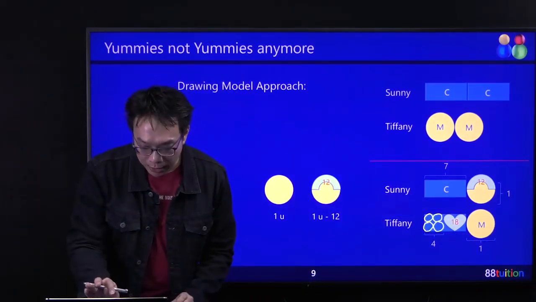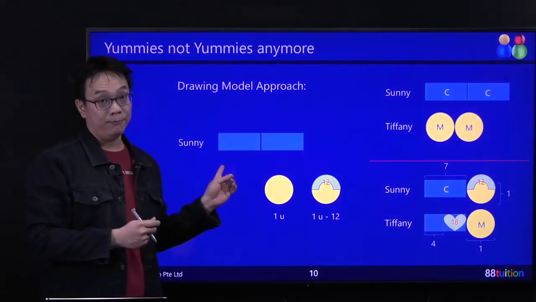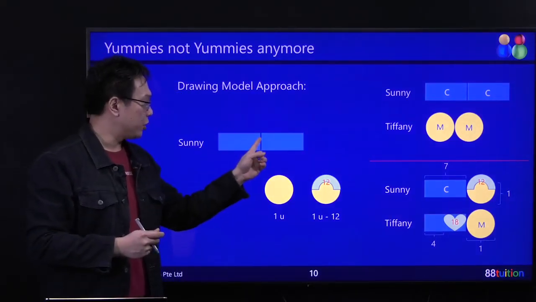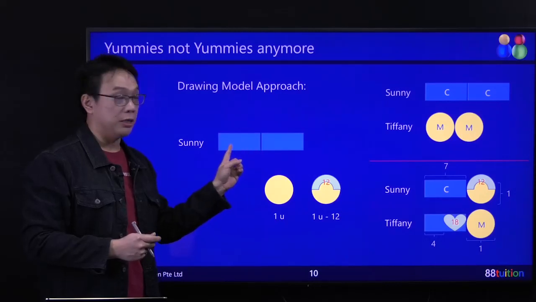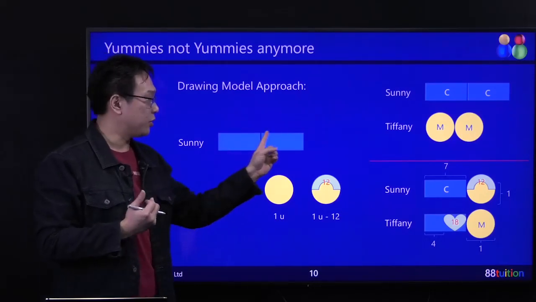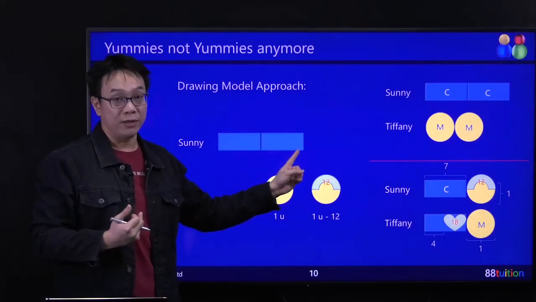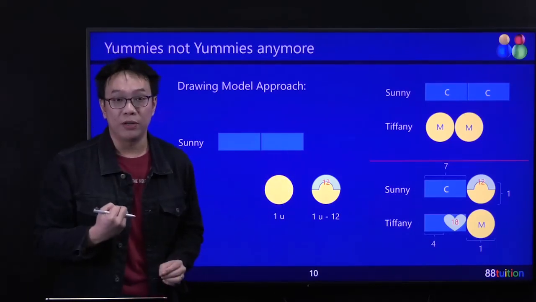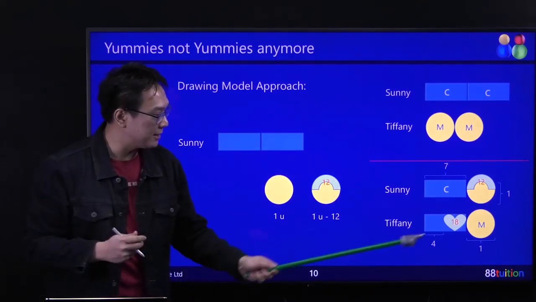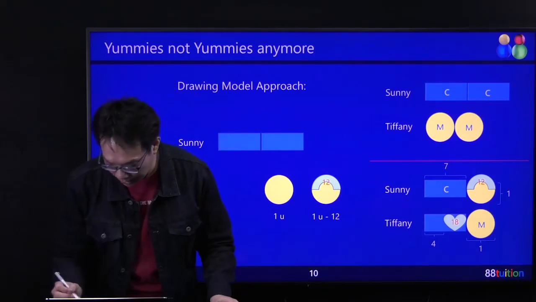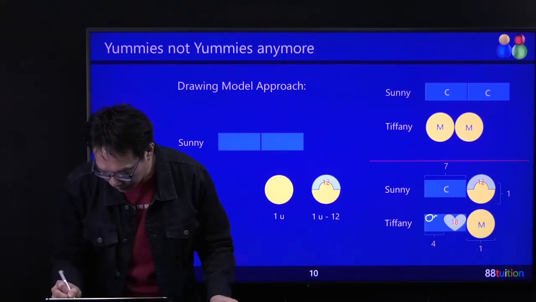Can? So now, if you return everything back to Sunny, let's say this portion of Sunny is what she actually has, and this portion is given to Tiffany. Now she takes back from Tiffany, what happened? Remember the 4 circles down here that I drew just now, these 4 units.